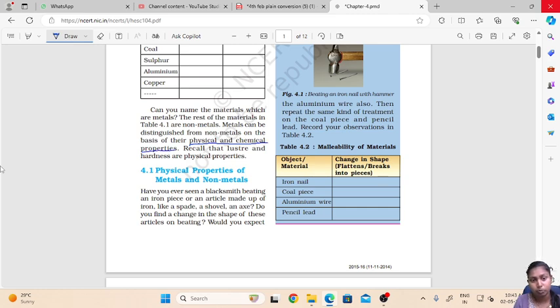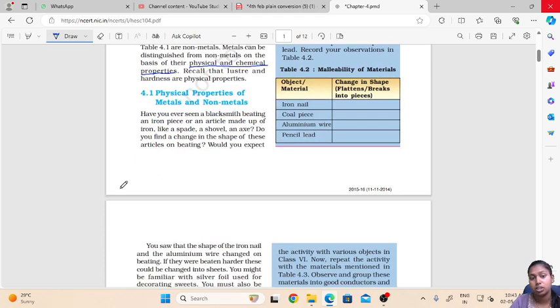On the basis of these properties we can distinguish between metals and non-metals. So what are the physical properties and what are the chemical properties by which we can distinguish metals and non-metals? Let's see first the physical properties of metals and non-metals.